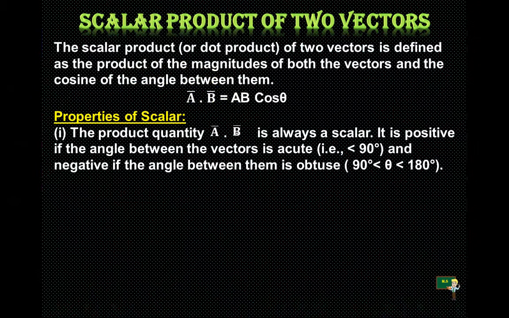Now let's see what the properties of this scalar product are. Property one: the product A vector dot B vector is always a scalar. Remember students, if it is scalar, we don't have direction, we have only the magnitude. Let me explain the term magnitude.